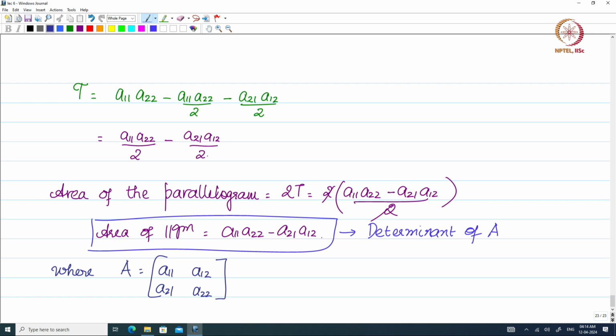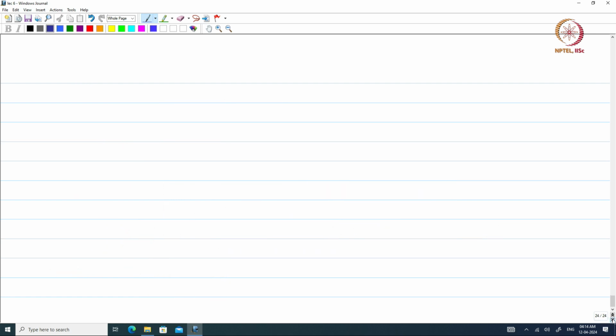Now let us make certain comments about this, and then let us get on to the question that is still remaining to answer, which is the invertibility case. Invertibility of the transformation. So what are we going to say?